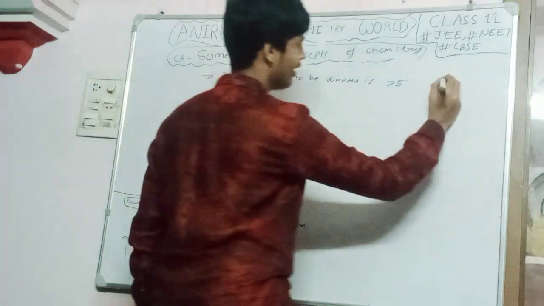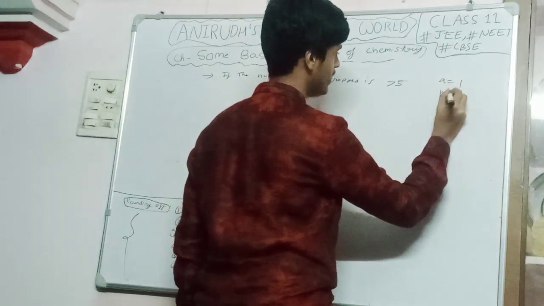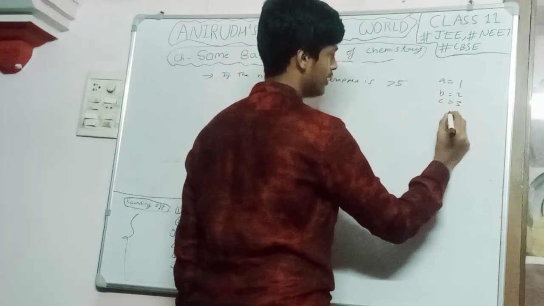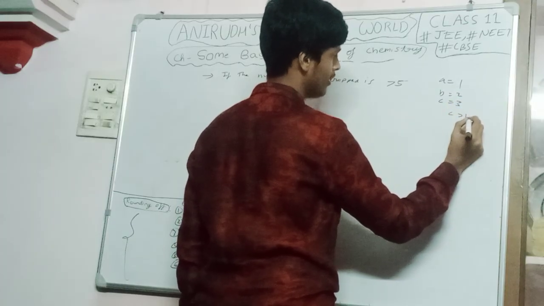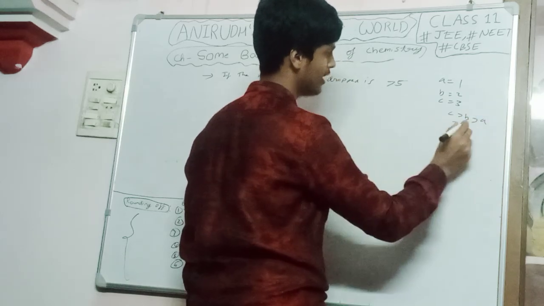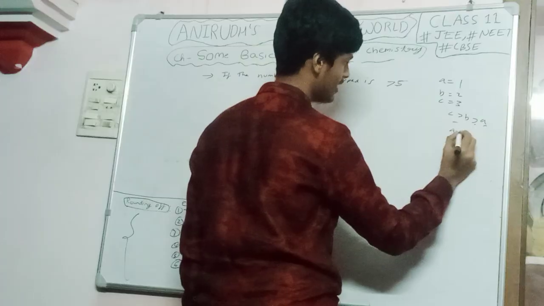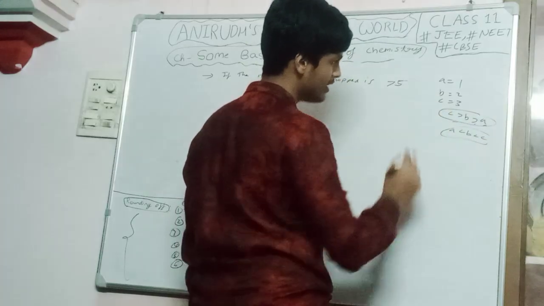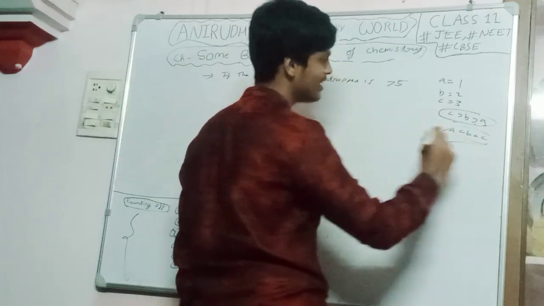If I tell you A equals 1, B equals 2, C equals 3, you write C greater than B greater than A, or A is less than B is less than C. With the greater symbol this is the descending order, and this is the ascending order.